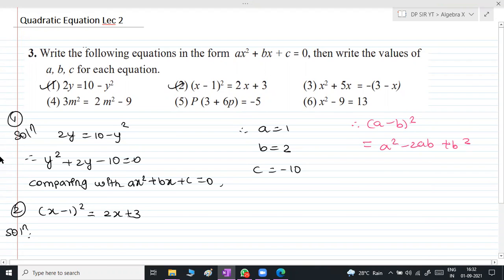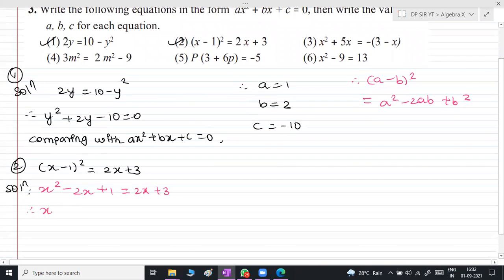So let us expand that part. Here it's going to be x square minus 2x plus 1, and is equal to, I'll go step by step, 2x plus 3.